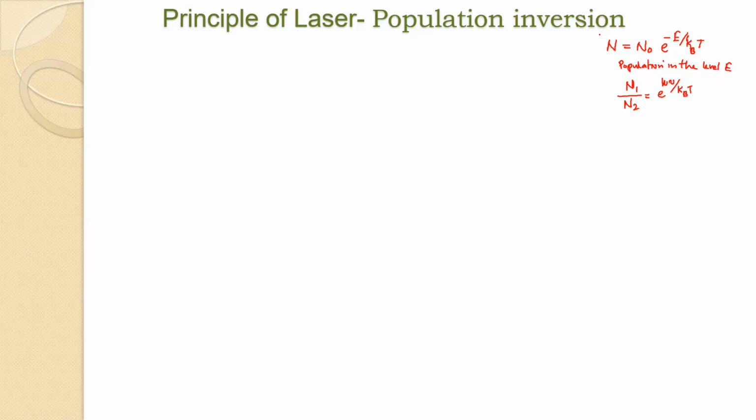So when we look at this equation, we can say that the ground state is more populated, that is, N1 is more populated than N2.